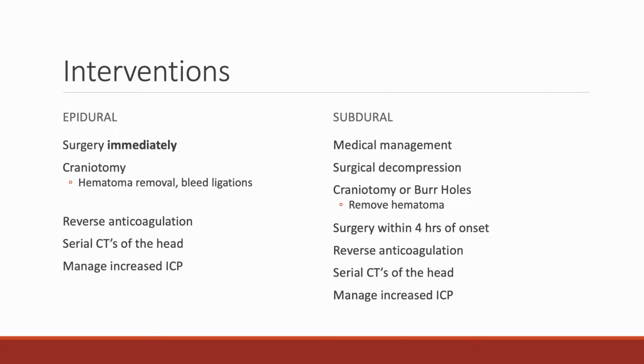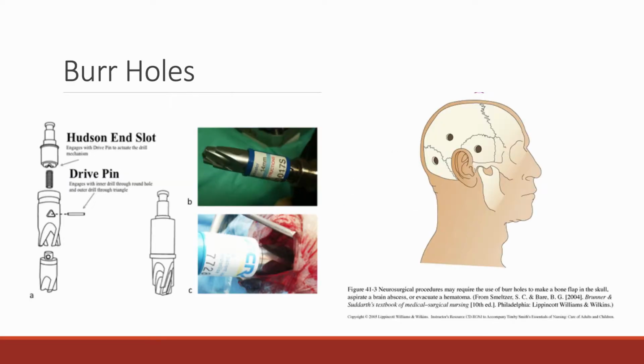And then subdural hematomas are often medical management, followed by the need sometimes for surgical decompression. Even just burr holes or a small craniotomy for hematoma removal can be done. We also have to make sure that we reverse anticoagulation if a patient has to go to the operating room for this.